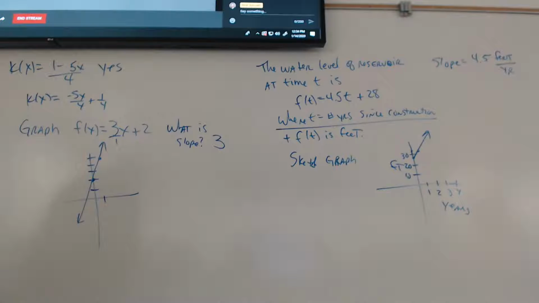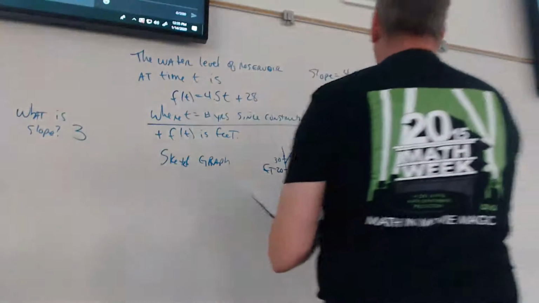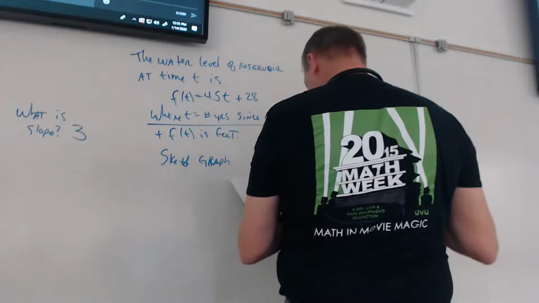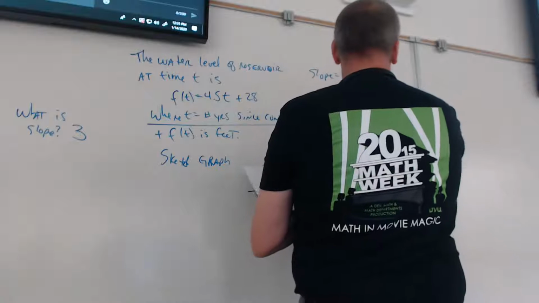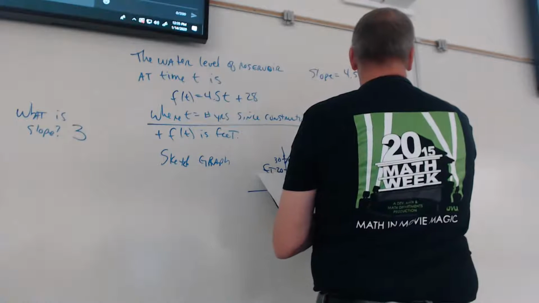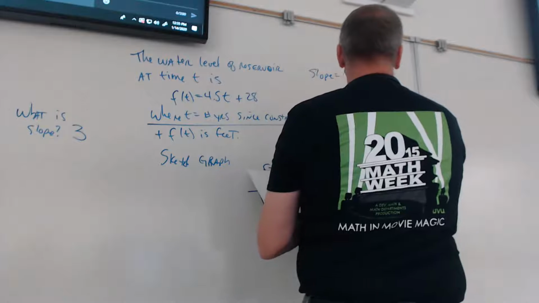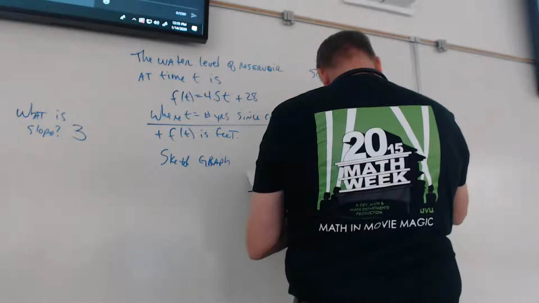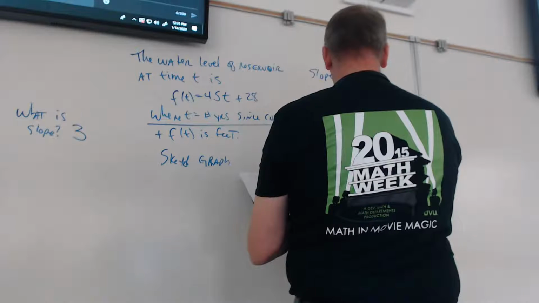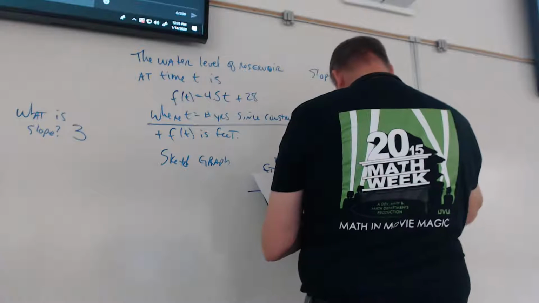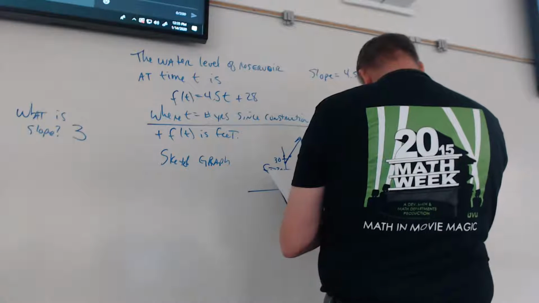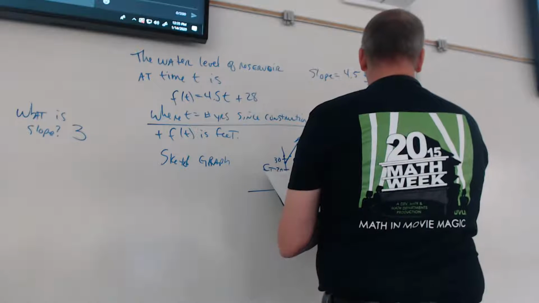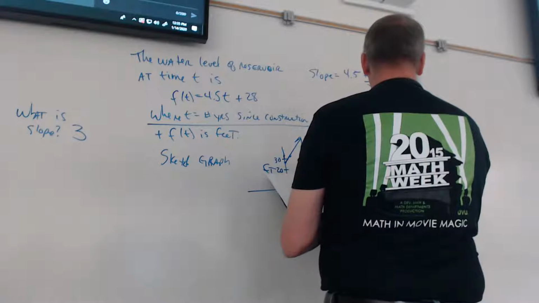How about, all right, we're doing pretty good. Okay, let's do another one. Let's say that water is pumped into a swimming pool at a rate of 5 gallons per minute.